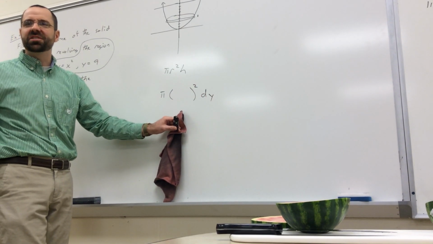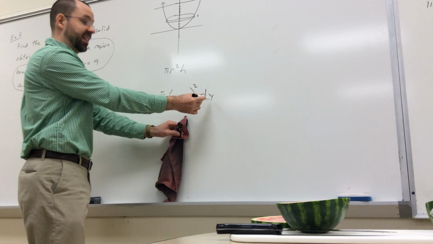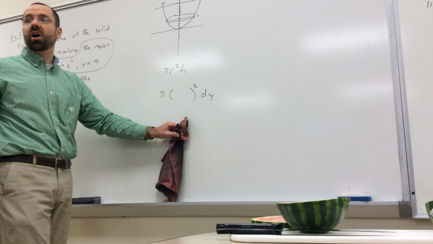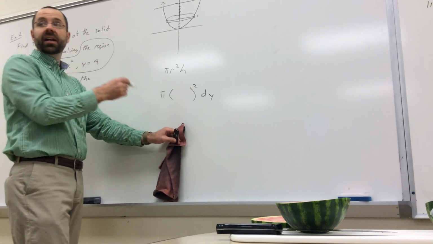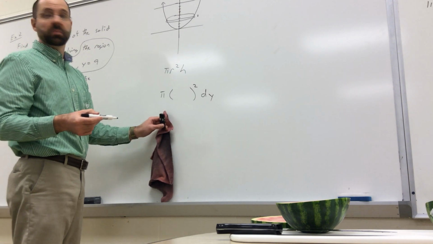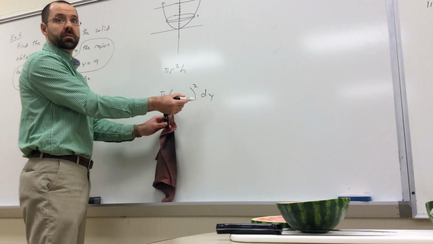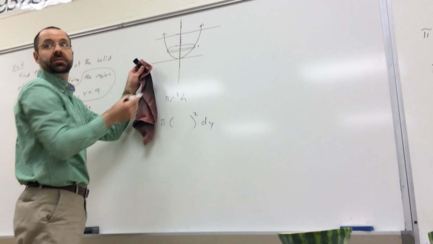That's a critical decision right there, right? That means everything has to have a y. That means when I integrate, I need my bounds to be a y, et cetera, et cetera. Does everybody see why it's dy? Because the height is going up and down.